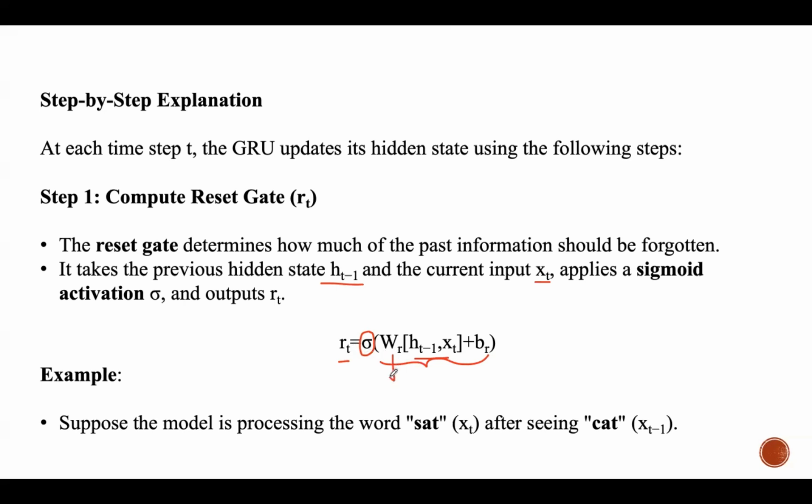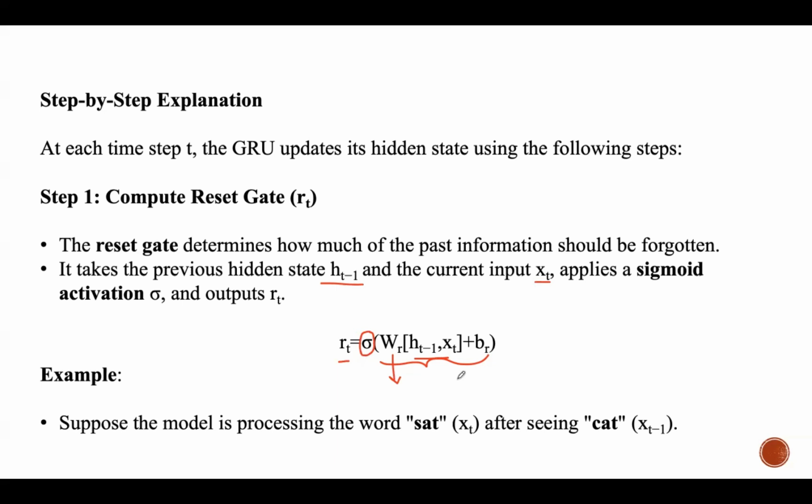Then we have W_r, which is the weight matrix for the reset gate. It contains trainable parameters that learn how to combine the past hidden state and the current input. For that, we apply this weight matrix on this data, so it contains all the parameters required to combine these two values. Then h_(t-1) is the previous hidden state, which stores past information from previous time steps. Then we have x_t, the current input at time step t, the new information being processed.